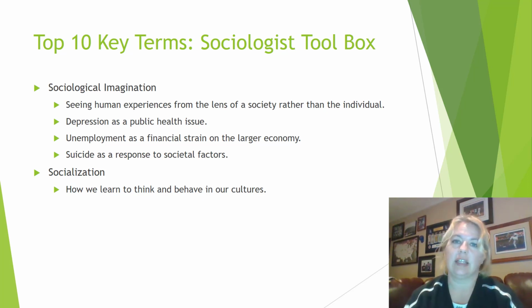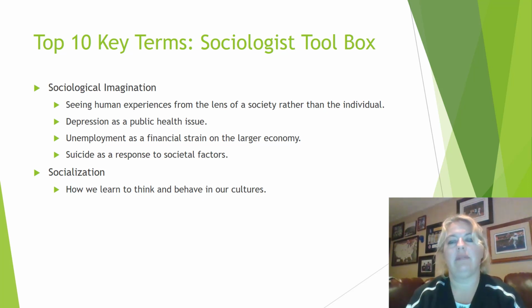Suicide, again, is not just an individual experience, but a sociologist looks at it maybe as a response to societal factors, like an increase in cyberbullying among teens, leading to an increase in suicide, for example.